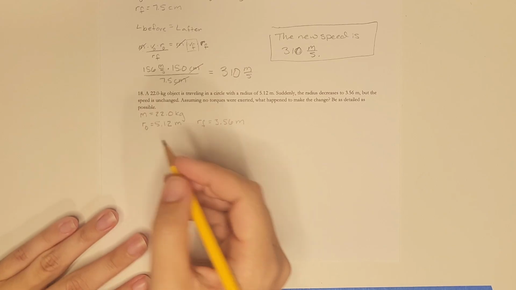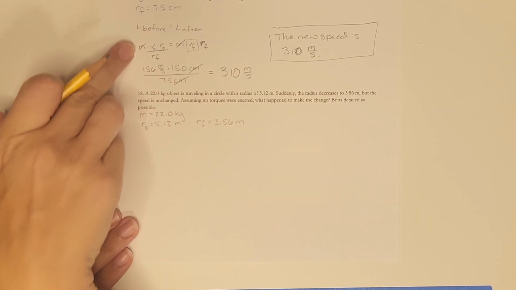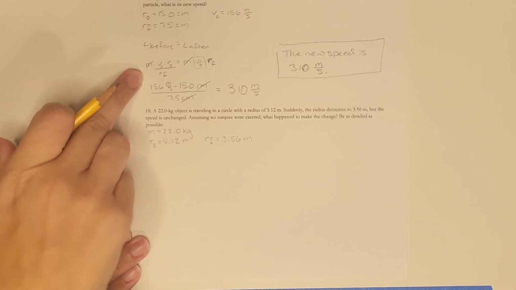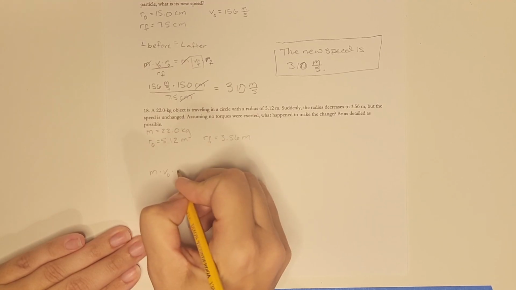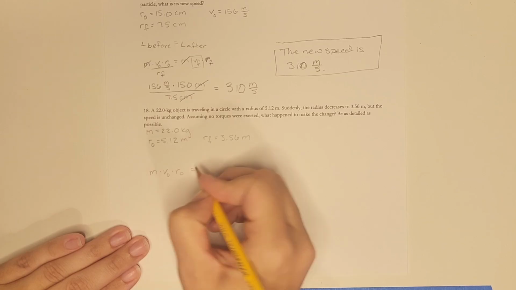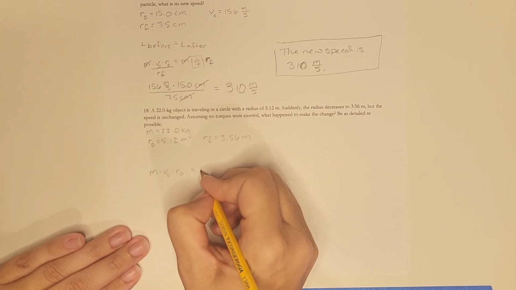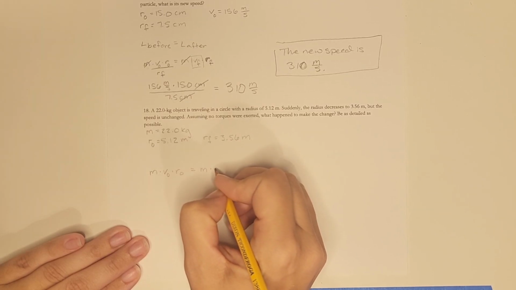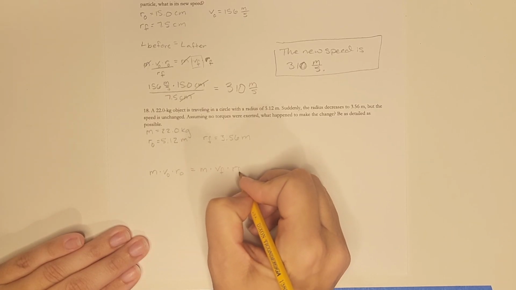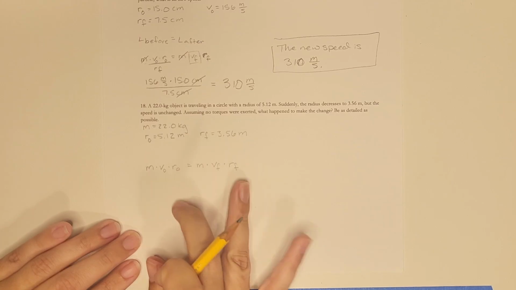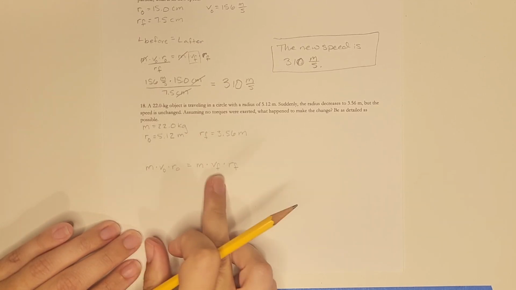Okay, and so what it's saying is that in this equation that we used before, the radius changed, the velocity remained constant.